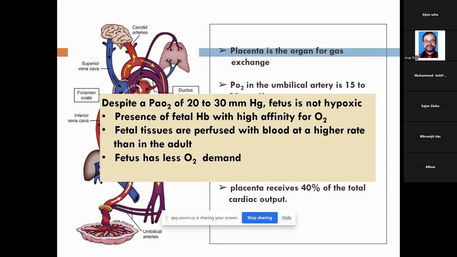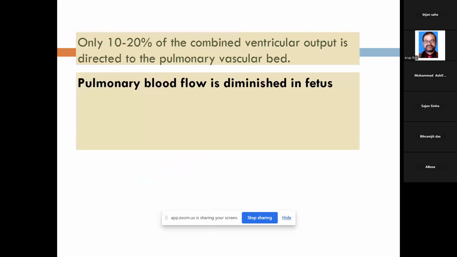Despite such a low PO2, the fetus is not hypoxic because of the presence of fetal hemoglobin, which has a very high affinity for oxygen. As a result, the fetal tissues are perfused with blood at levels even higher than in adults. In addition, the fetus has a lower oxygen demand.